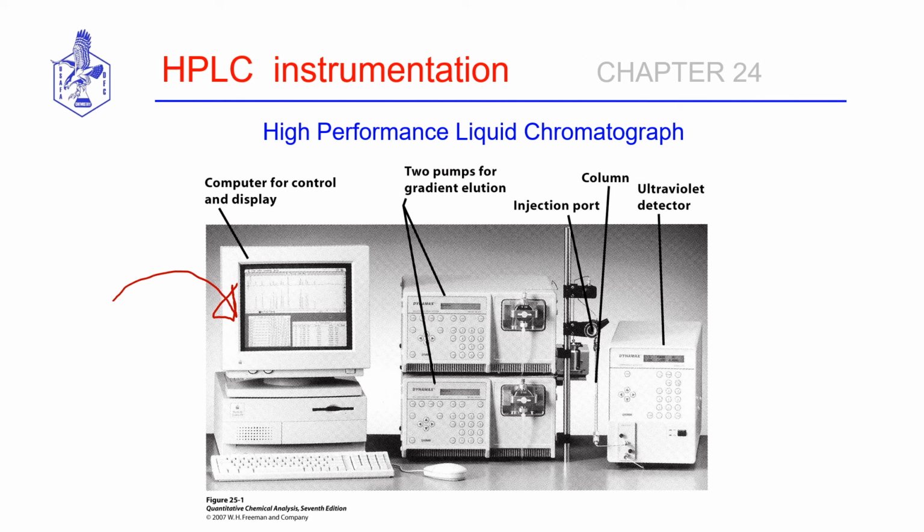We are going to separate a sample using a column, and that column contains tiny particles of silica packed in nice and consistently. We need to get a mobile phase to flow over that packed bed. That's going to require a lot of pressure.